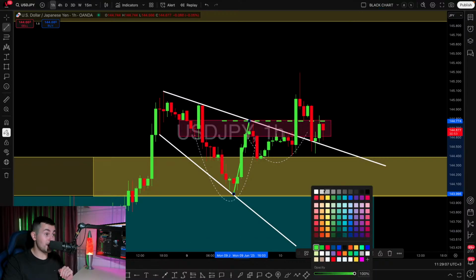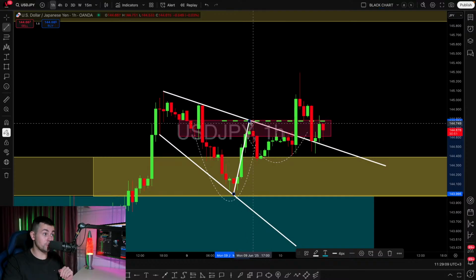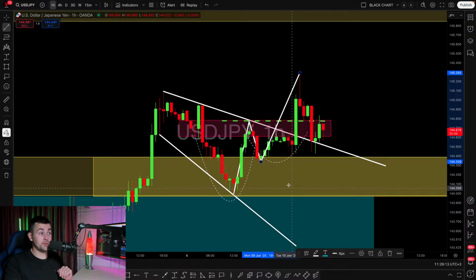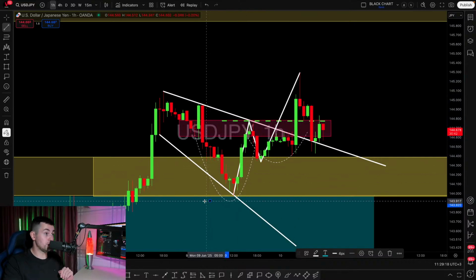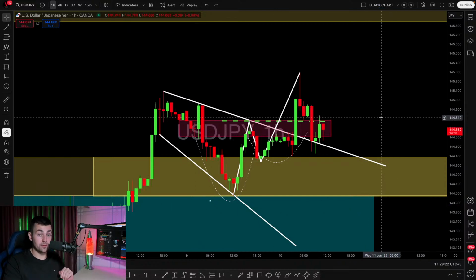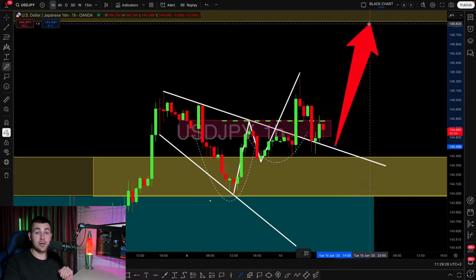So we have a lot of very strong price action confirmations from the intraday perspective after the test of our recently broken structure. And of course, all these confirmations are more than enough for us to confirm that dollar yen is likely to continue growing.